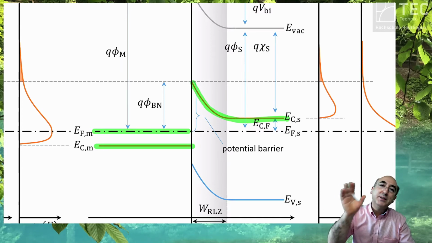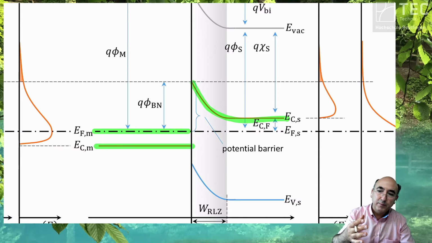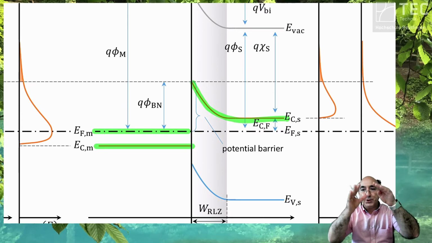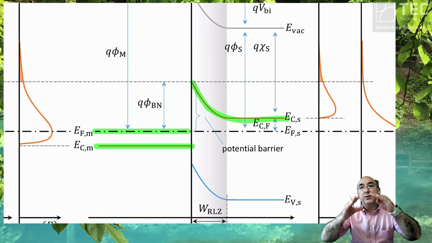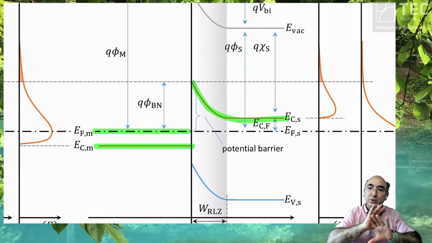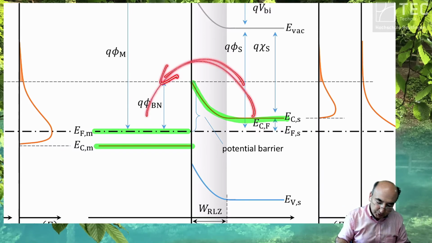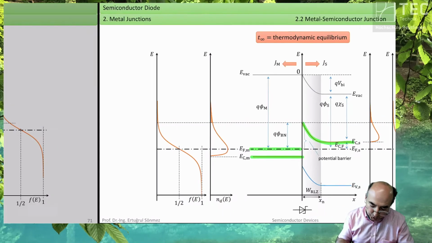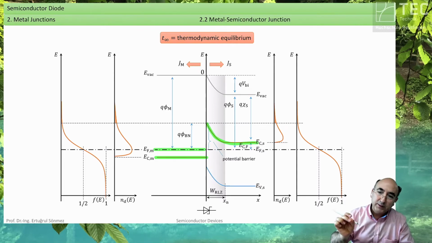You don't have the recombination time you require to take place. You don't have to evacuate all the charges you have accumulated by forward biasing. Nothing. You don't need anything. You just push around the majorities, and that's fast. So Schottky diodes are very fast diodes.